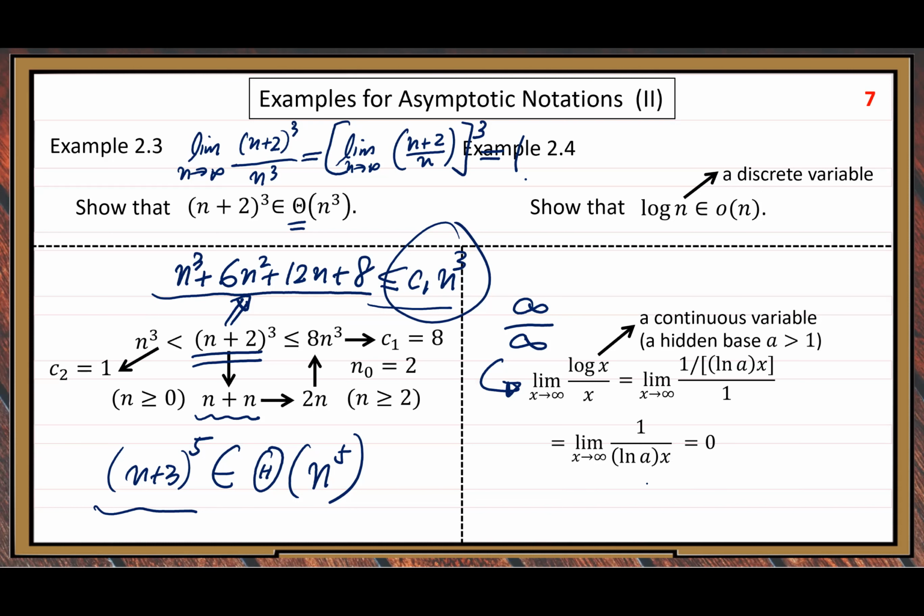This implies that the limit as n goes to infinity of log of n over n equals 0. So then we have this little o notation. So we complete it.